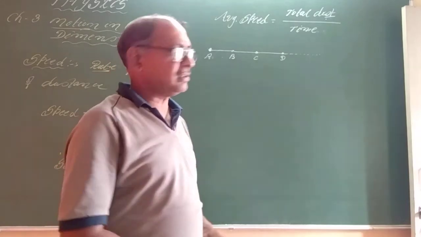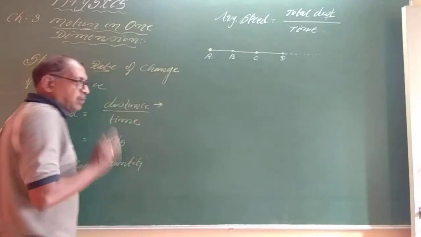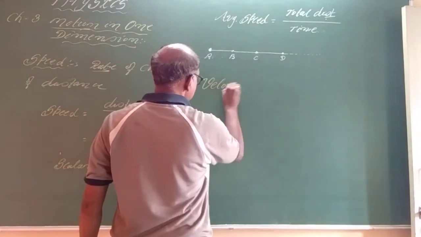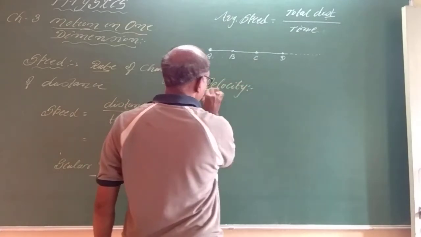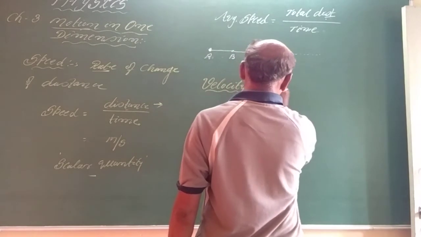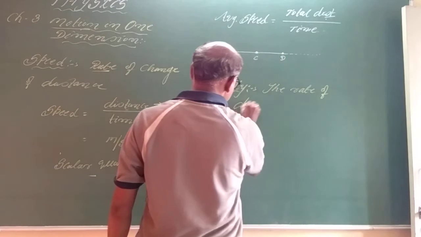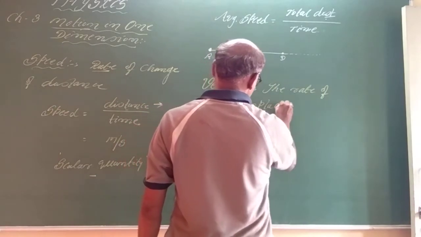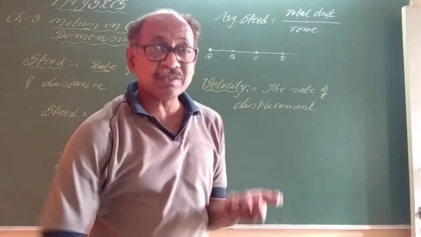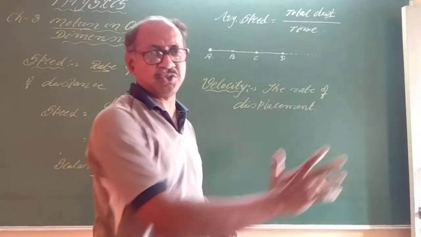In the same manner, if the distance is travelled in a particular direction, in only one direction, that is what we term velocity. So it is the rate of displacement of the body, or the distance travelled by a body in a certain interval of time in a specific direction.